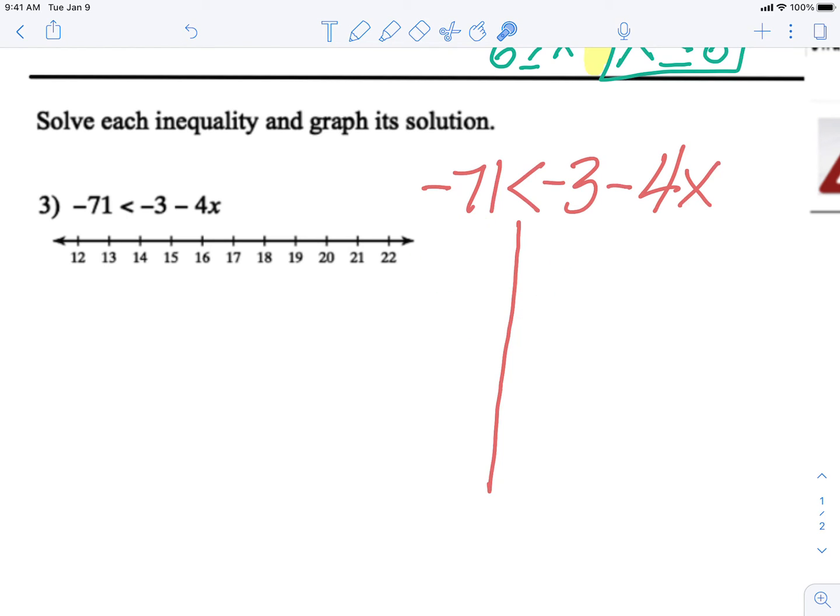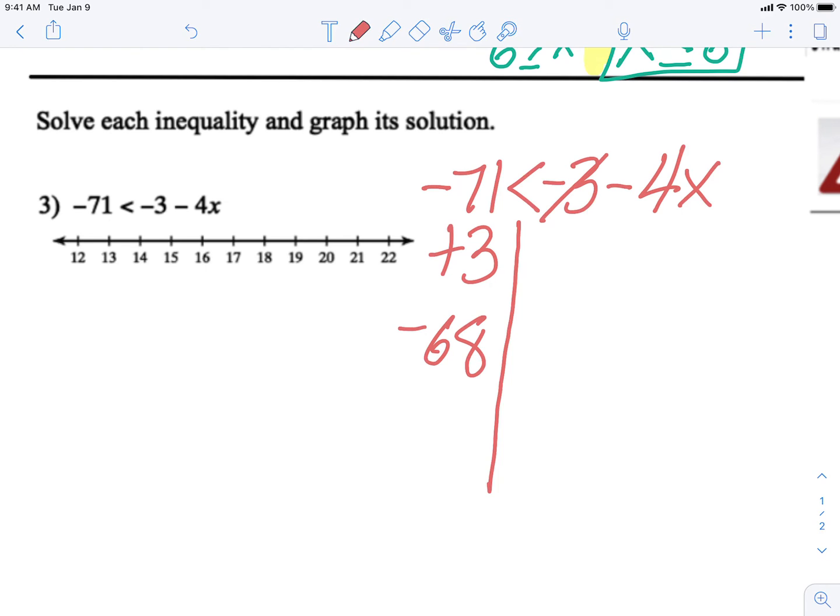So I'm going to cross out -3, and I'm going to say +3. So a -71 and a +3 are not the same sign, so I have to subtract. 71 minus 3 is 68. And it's a -68 because 71 is bigger and 71 is a negative.